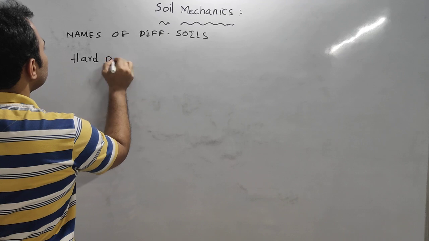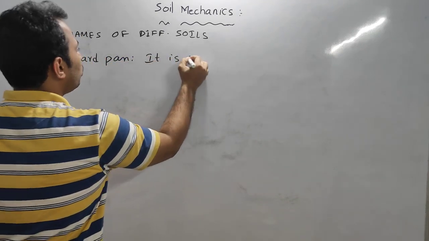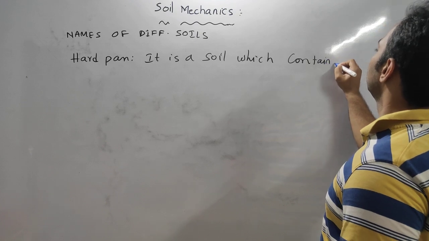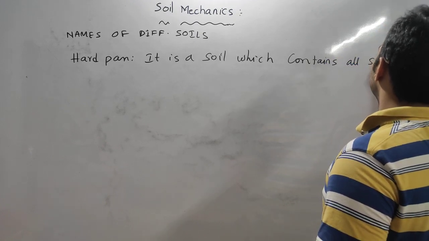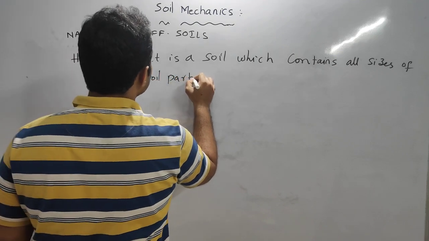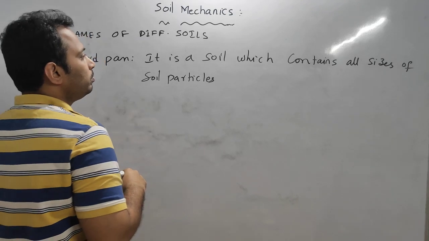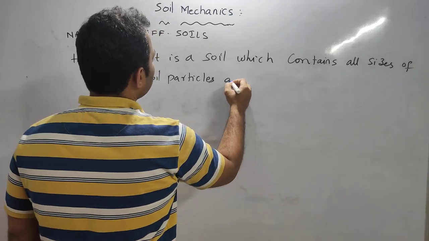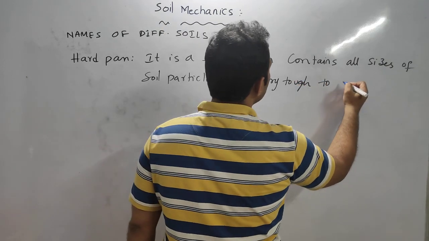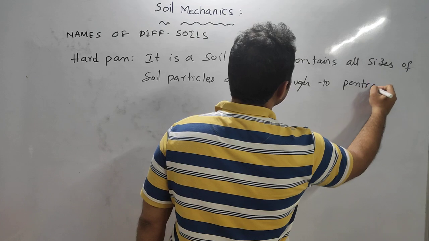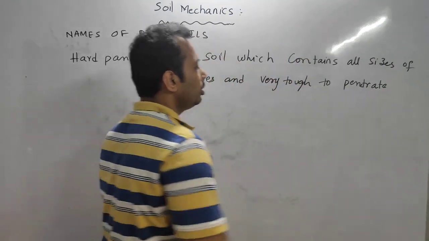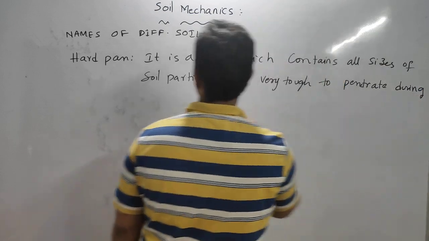Hard pan is a soil which contains all sizes of soil particles, and is very tough to penetrate during soil exploration.